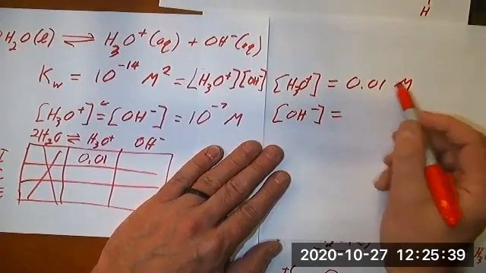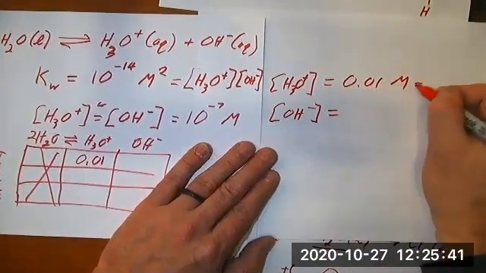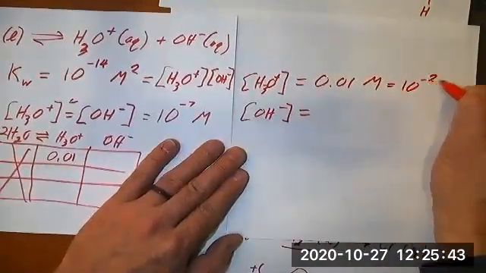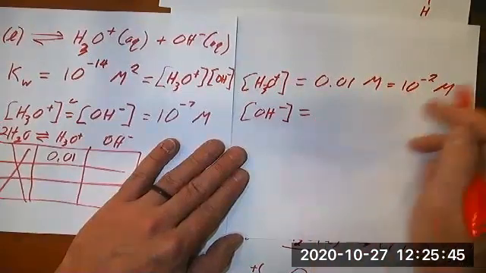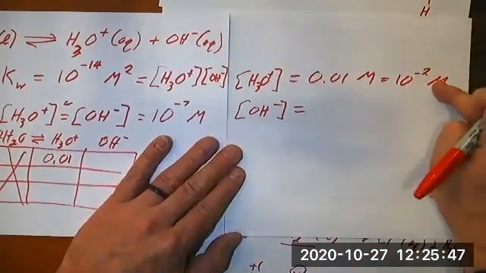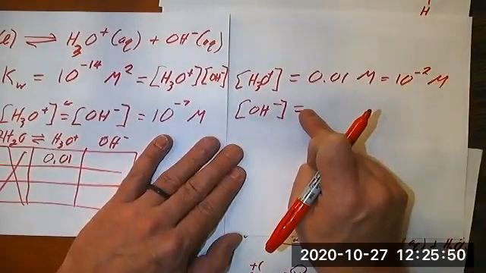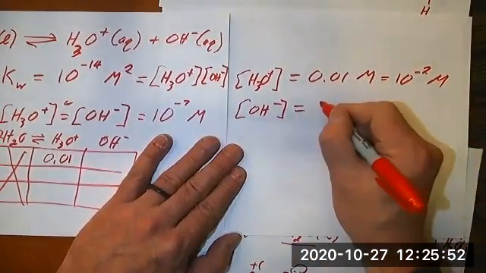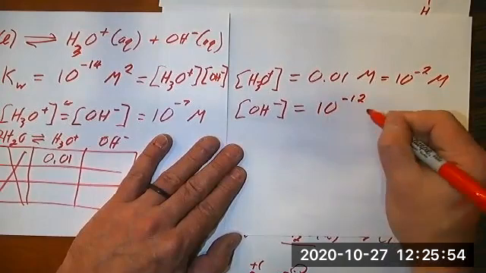And we find that this here can be written as 10 to the minus 2 molar. And so in order to have this times this equal 10 to the minus 14, this is going to have to be 10 to the minus 12 molar.